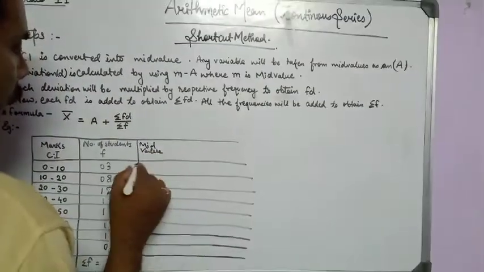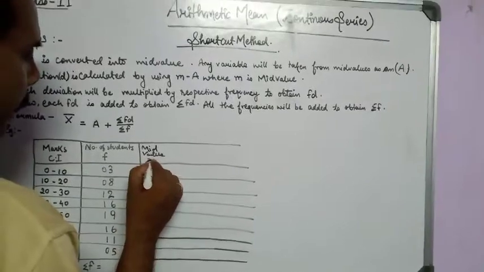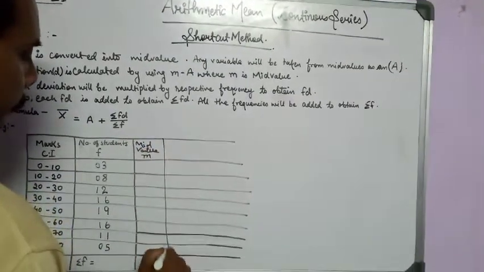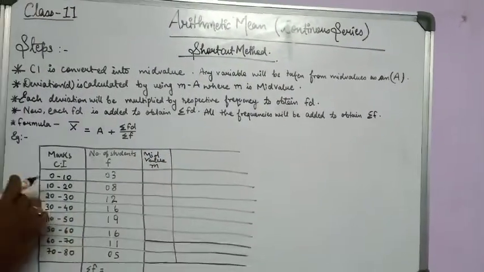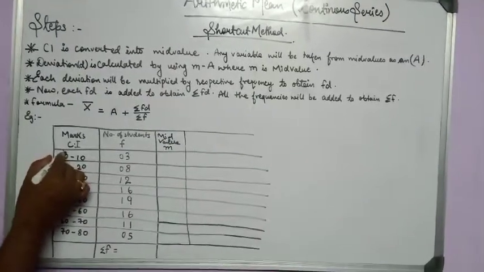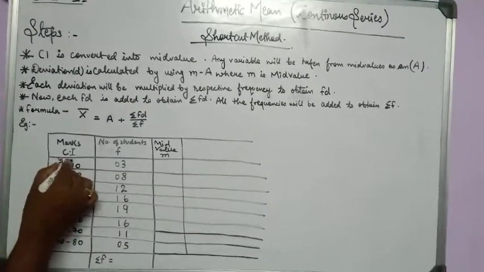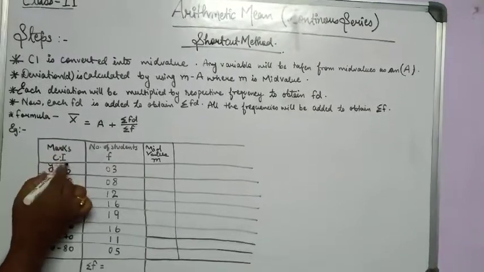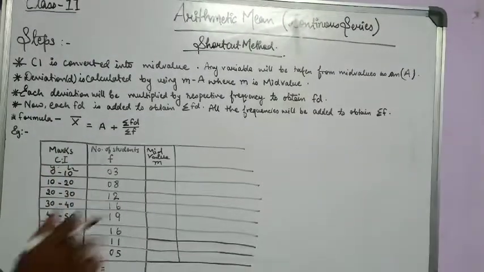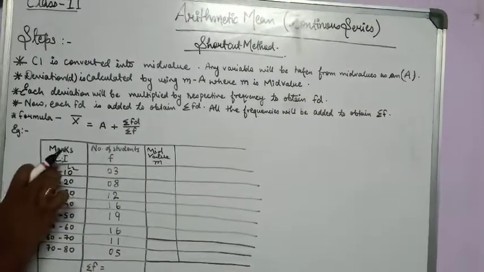Mid value is denoted by M. As we know, mid value is (L1 + L2) divided by 2. Clear?